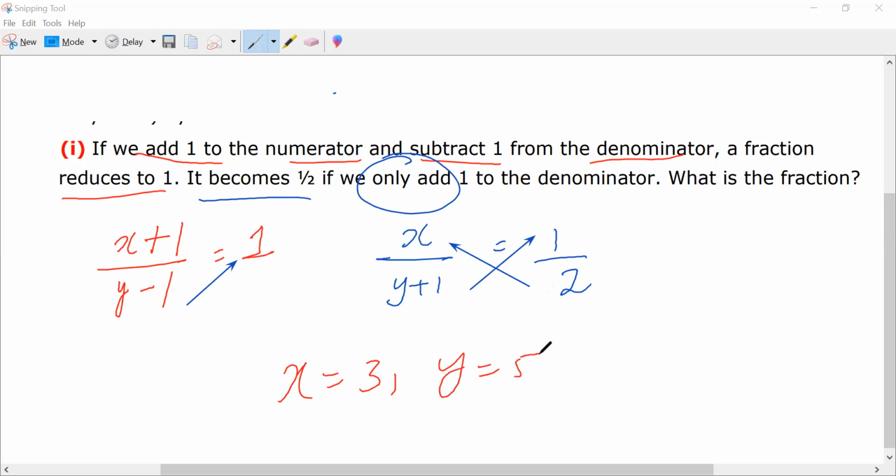So the fraction x by y is nothing but 3 by 5 respectively. Please do this and let me know whether you get 3 by 5 as the answer.